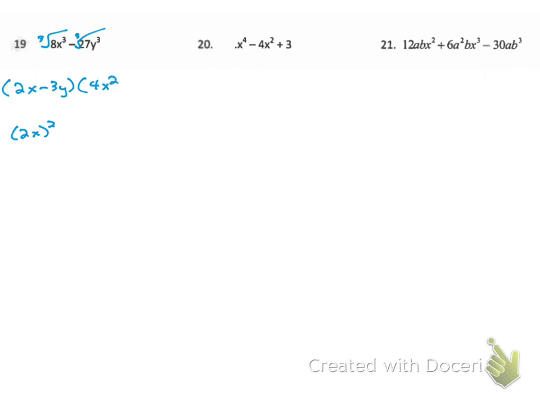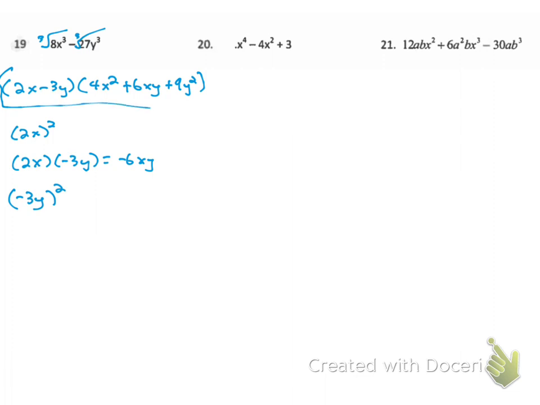Then I multiply the two terms together. 2x times negative 3y gives me negative 6xy, but we do the opposite sign because of our formula. And then we square the second term. Negative 3y squared would be plus 9y squared. We have our answer.